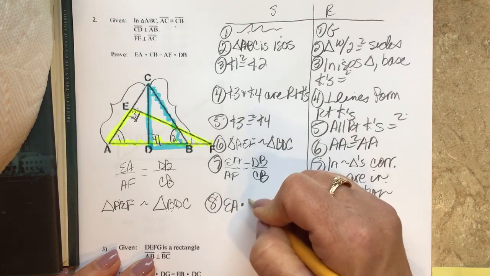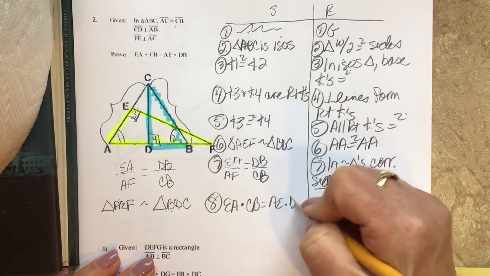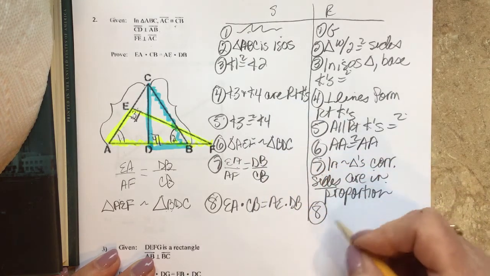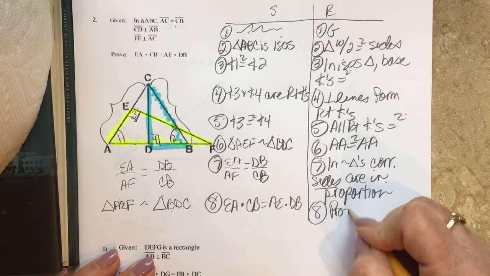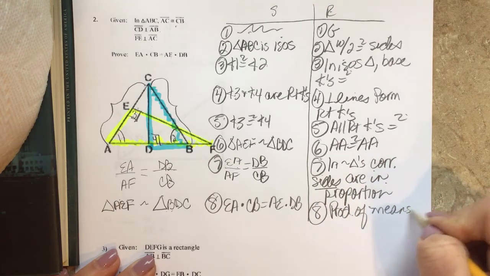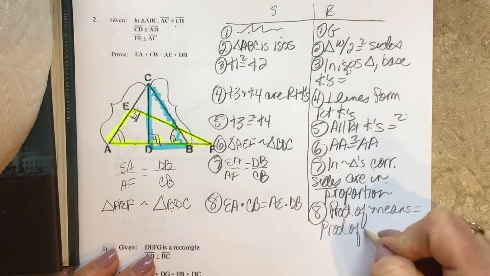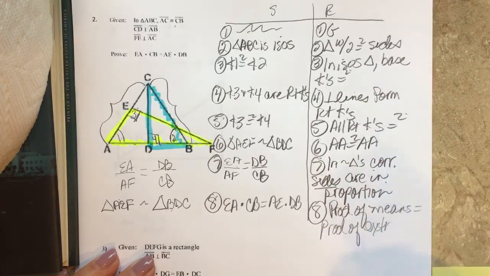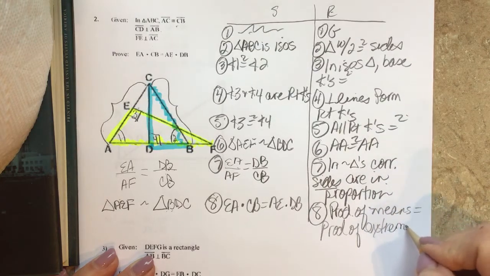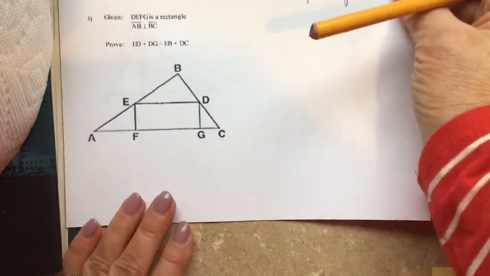So EA times CB equals AF times DB. And that's because product of the means equals product of extremes. Good? Okay, let's move on to number 3.